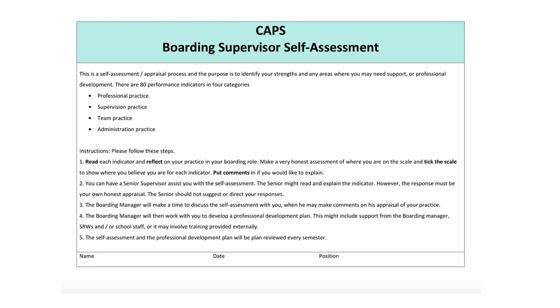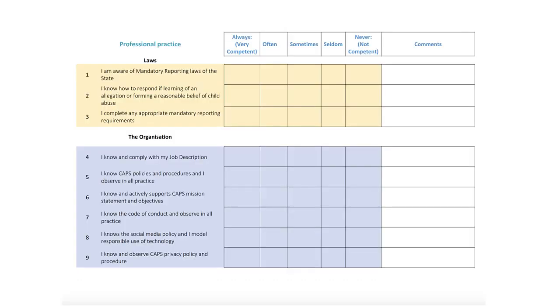The boarding supervisor would fill it in themselves as a self-appraisal, and then the head of boarding would sit down with them and work through how the head of boarding saw each of these elements, and how the supervisor saw each of these elements, and if there's any difference between the perceptions.